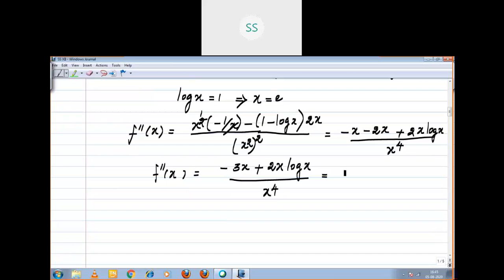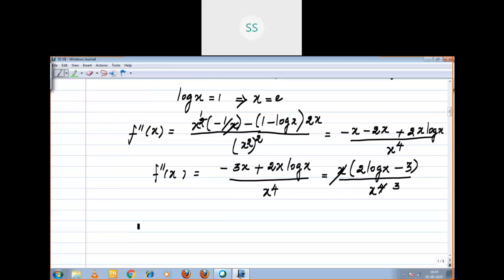In that you can take x as common. Then 2 log x minus 3. I am shifting the term. I didn't do anything, right? x power 4, x cancels. You will get x cubed in the denominator. Now you want to substitute x is equal to e, right?